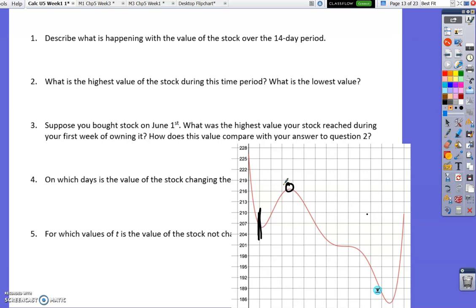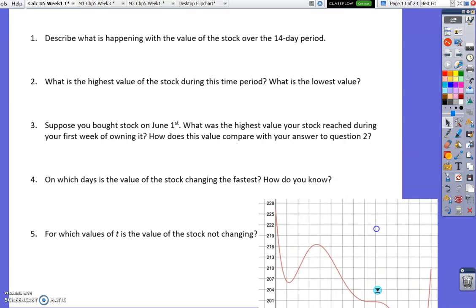Now, what if I was to buy it here, buying low, and sell it here? I'm doing great. If I was to buy it here and even sell it here at the end of the days, I still made some money. Whereas if I bought it here, I don't want to sell it at all until it gets back up to what it was before. But I could sell it right there and so on. So my maximum value has changed because my endpoint's changed. Okay, so that's the answer to number 3.